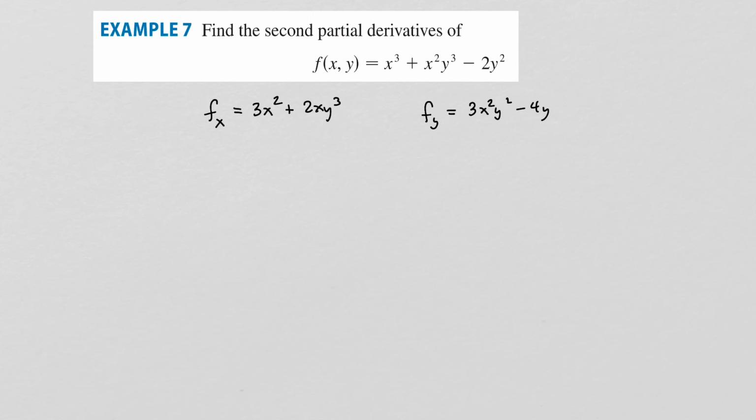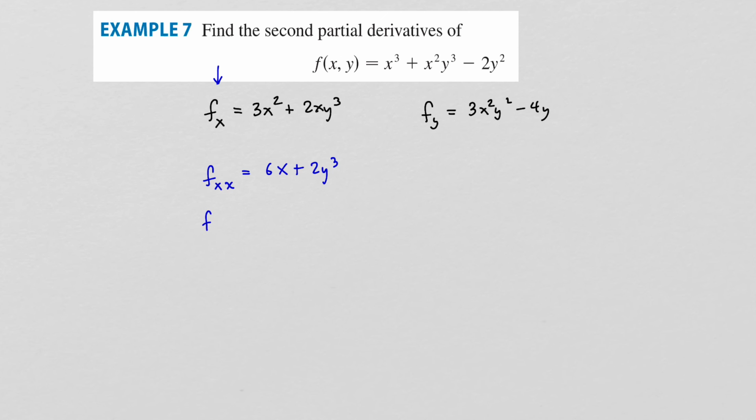So if I take the derivative with respect to x here, and I take the derivative with respect to x again, I'm simply going to take the derivative of this with respect to x. So that's going to give us 6x plus, and again, since it's with respect to x, y is a constant. The derivative of 2x is 2, so it's just going to be 2y cubed.